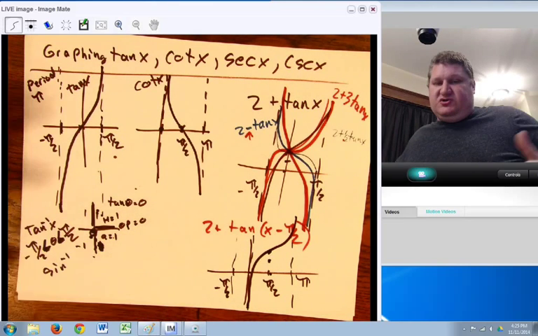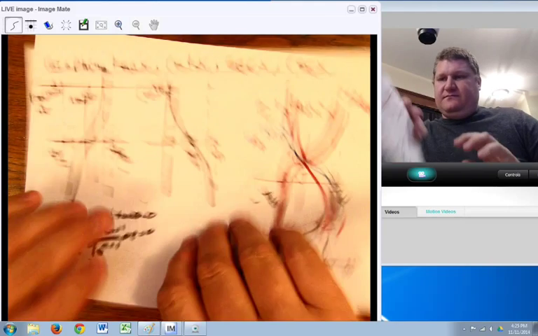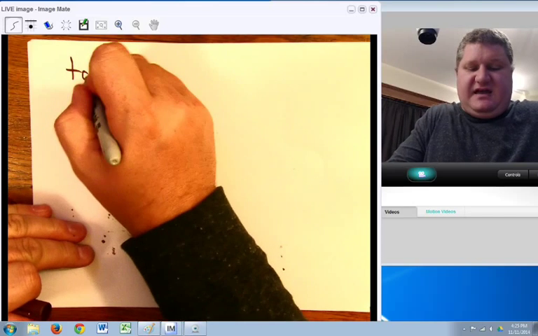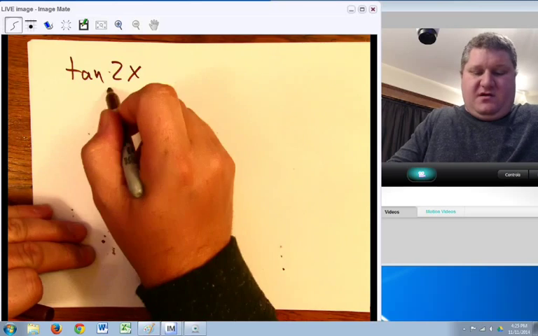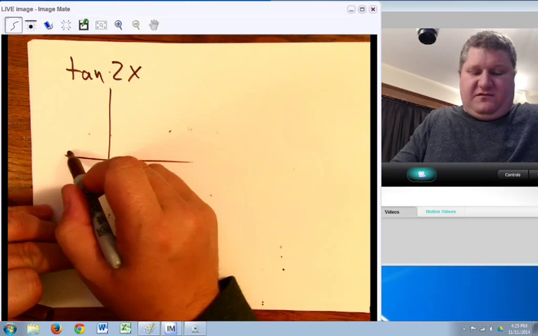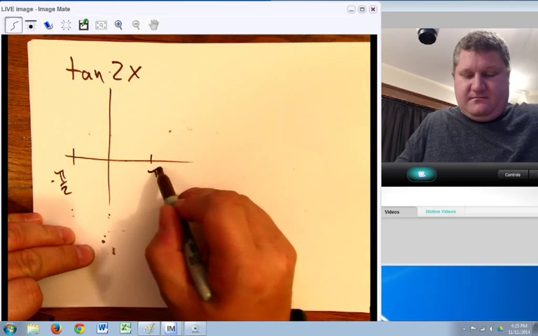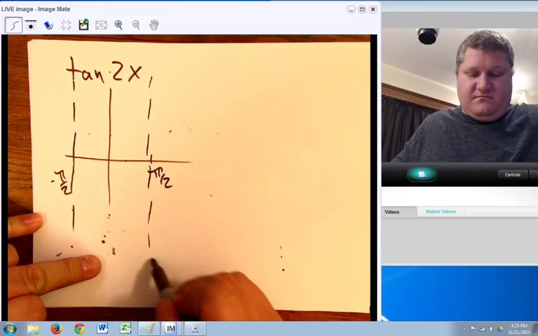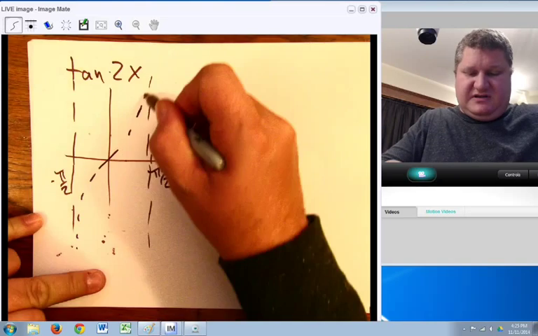We can also change the frequency. Frequency would be something as follows. If I have tan of 2x, well, first things first, we always, of course, have to draw the standard. So we have tan of 2x, so standard tangent looks like this.